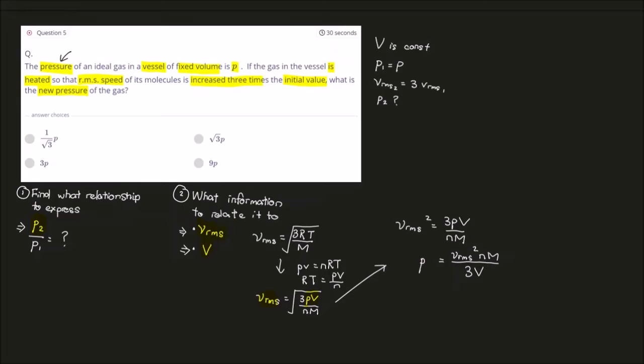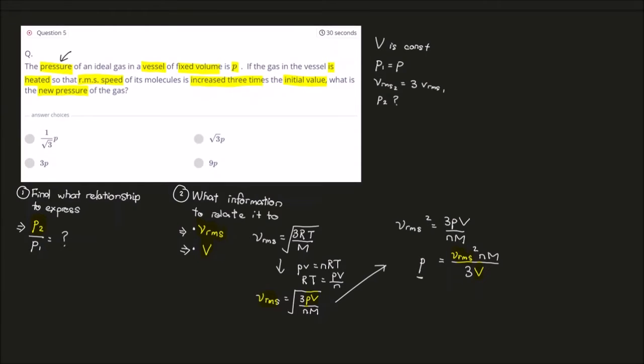Now I'm able to successfully relate pressure with VRMS and volume. So I've achieved what I want for section 2: what information to relate it to. Based on what's given, try to relate it to what you want to find. Okay, work on it strategically.